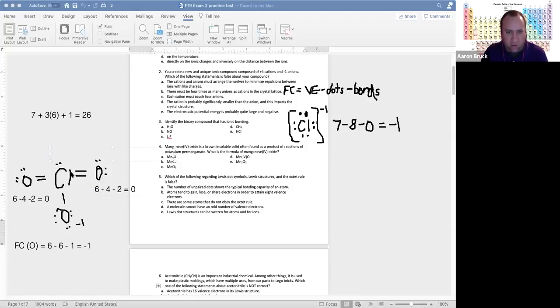And for the formal charge of the chlorine, 7 valence electrons minus 2 dots minus 5 bonds is 0 for its formal charge as well. The only place that I have a formal charge of -1 is on this oxygen right here. And that's fine because, again, this is the chlorate ion, ClO3 minus 1.